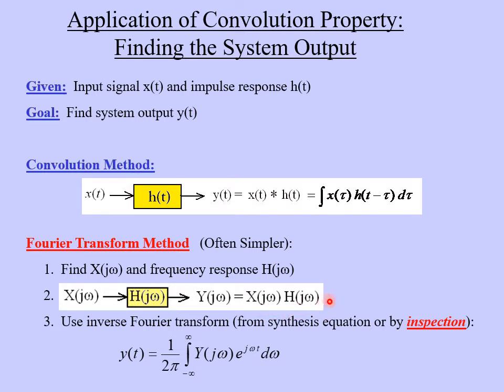Now, there's no free lunch here. We still obviously have to do Fourier transforms to work in the frequency domain, but a lot of times this is certainly easier than doing a convolution.